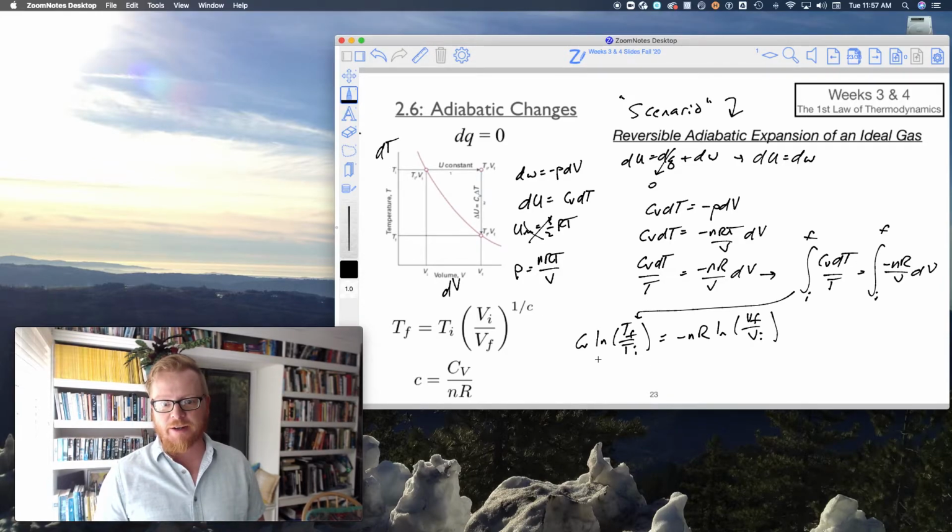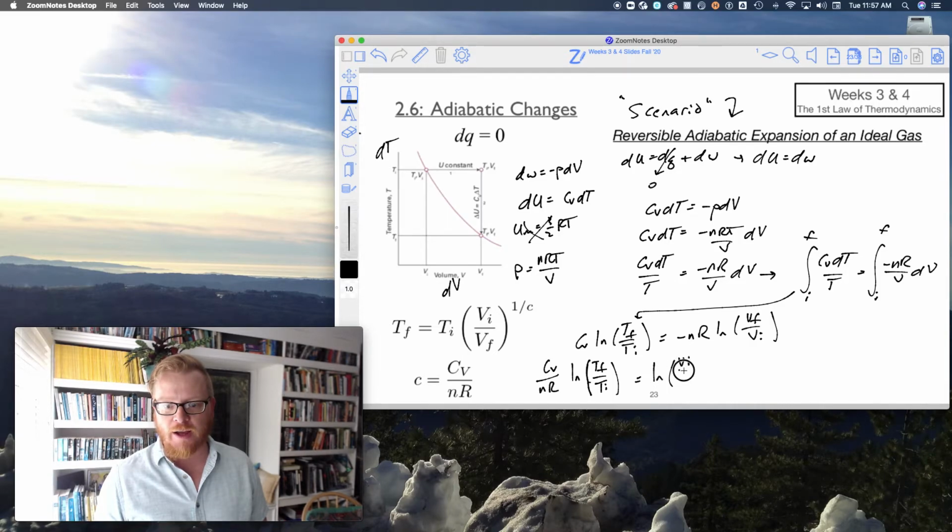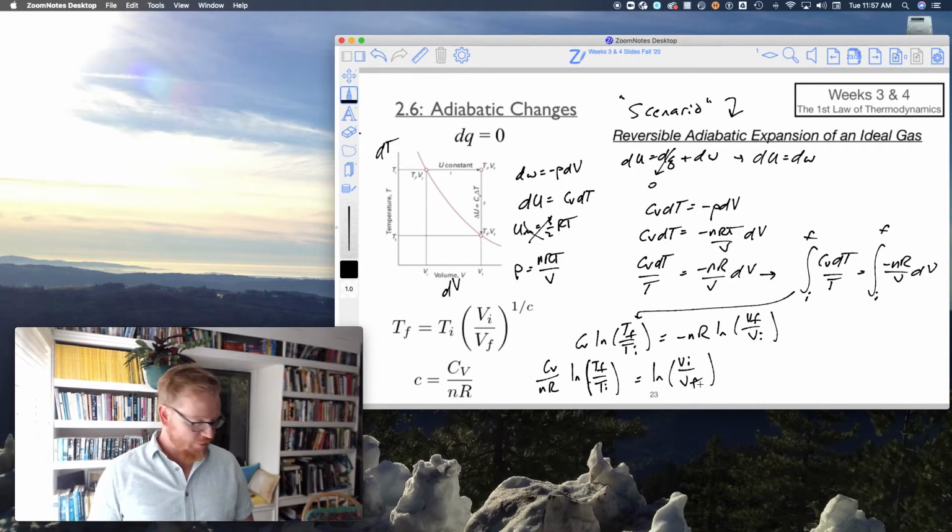So I'm going to divide this over to this side and say that that's Cv over nR times natural log of Tf over Ti. So that was just algebra. I'm going to do a log trick here, and that negative sign I'm going to absorb into the natural log, which makes this ratio flip. So now that just becomes natural log of Vi over Vf.